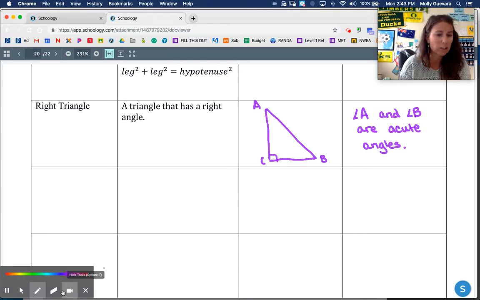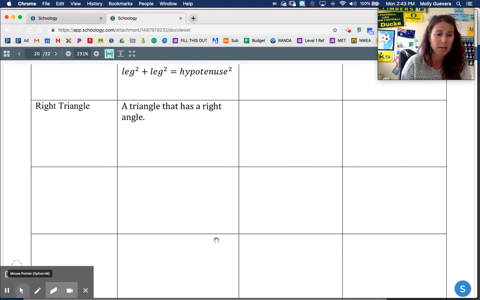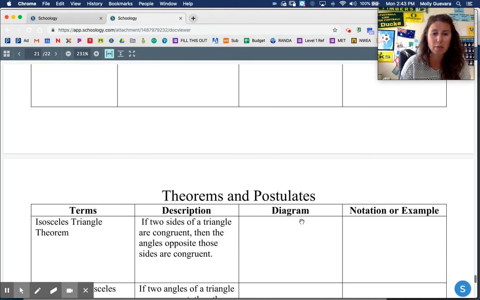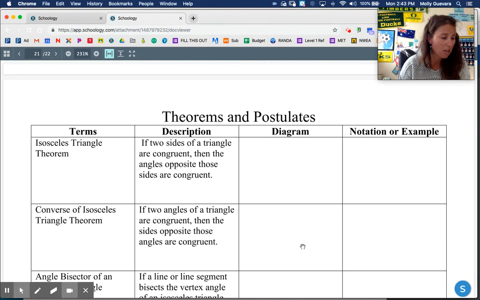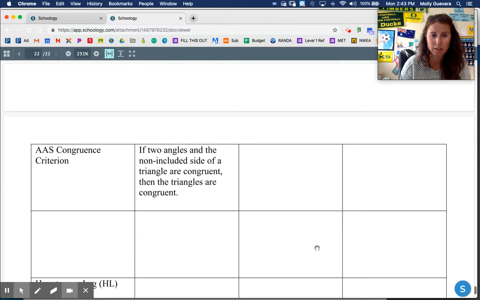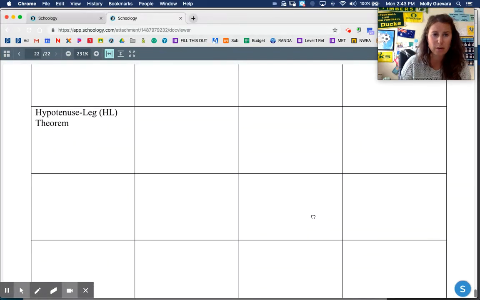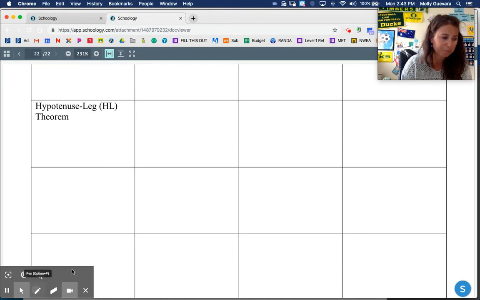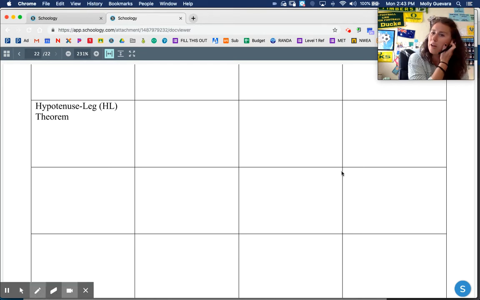Let's look now at the next page, which is our theorems and postulates. The last theorem and postulate that we're going to look at is this one, hypotenuse leg. Okay, so hypotenuse leg only works in right triangles. We have to make a note of that, okay?